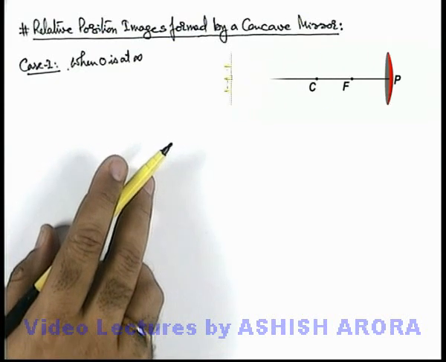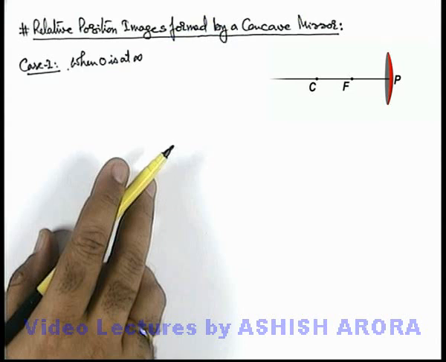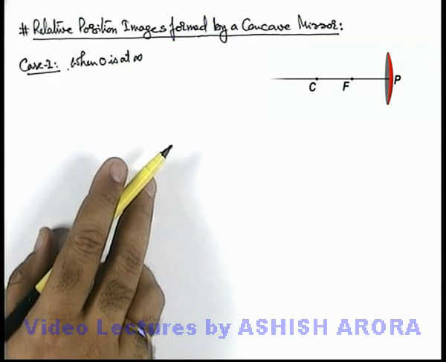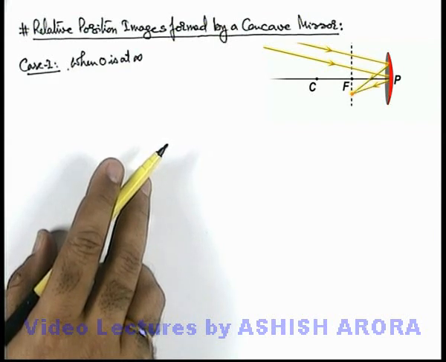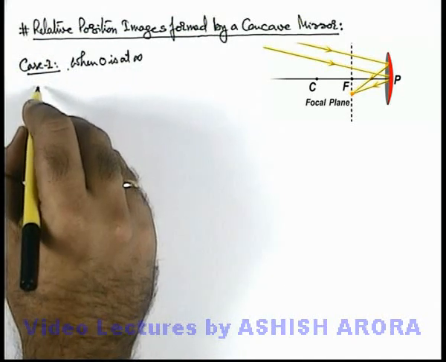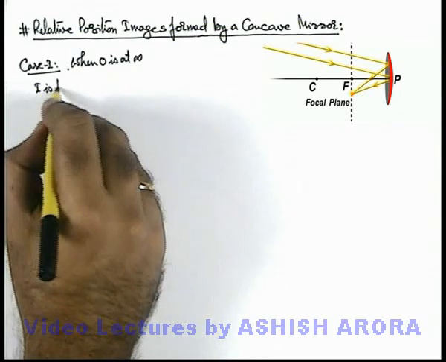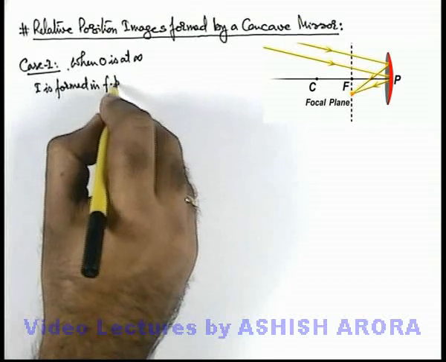Similarly, if we look at another case when light rays are coming from infinity but not parallel to the principal axis, and are incident on the mirror, then after reflection they meet at a point which lies in the plane of focus perpendicular to the principal axis, the plane we call the focal plane. So here we can write: when the object is at infinity, the image is formed in the focal plane.